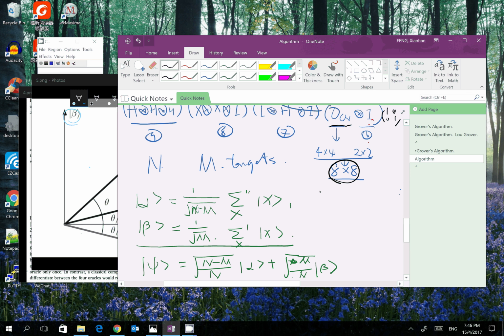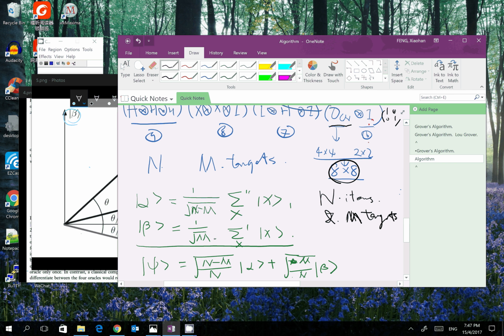Suppose we have n items to be searched and m targets, and the beta here means the state of the superposition of all the solutions with the same probability, 1 over square root of m.